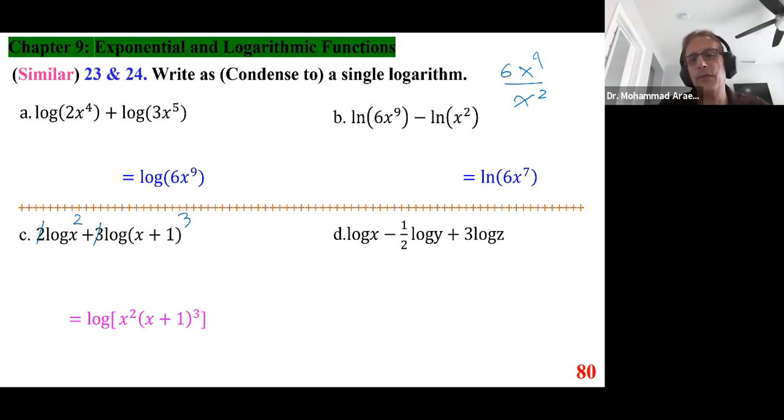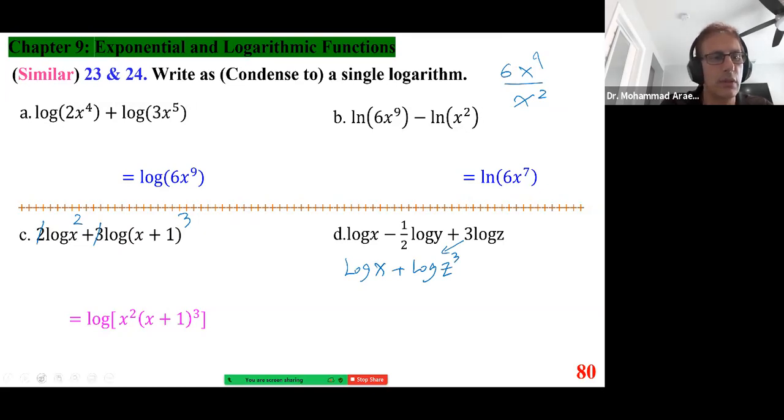It is easier if we rewrite this as follows. So I'm going to write this as log x plus log z cubed minus log y to the power of 1/2 or square root of y.